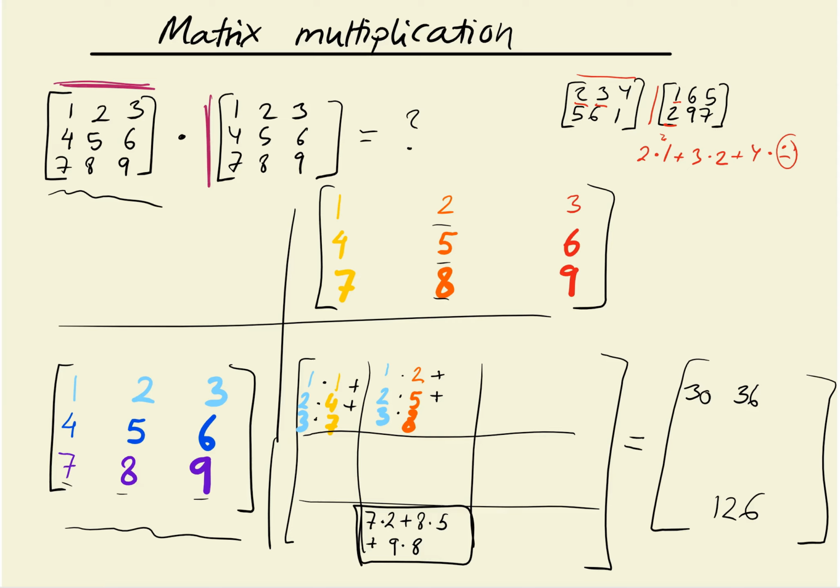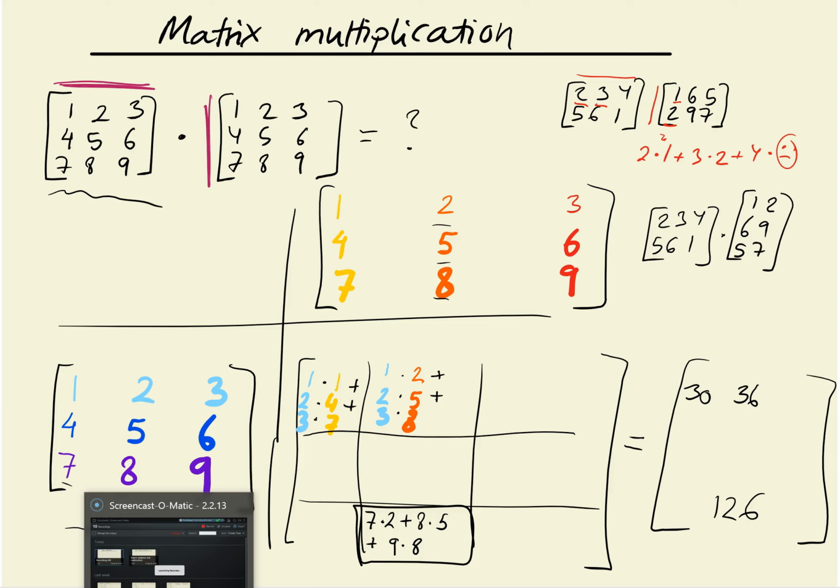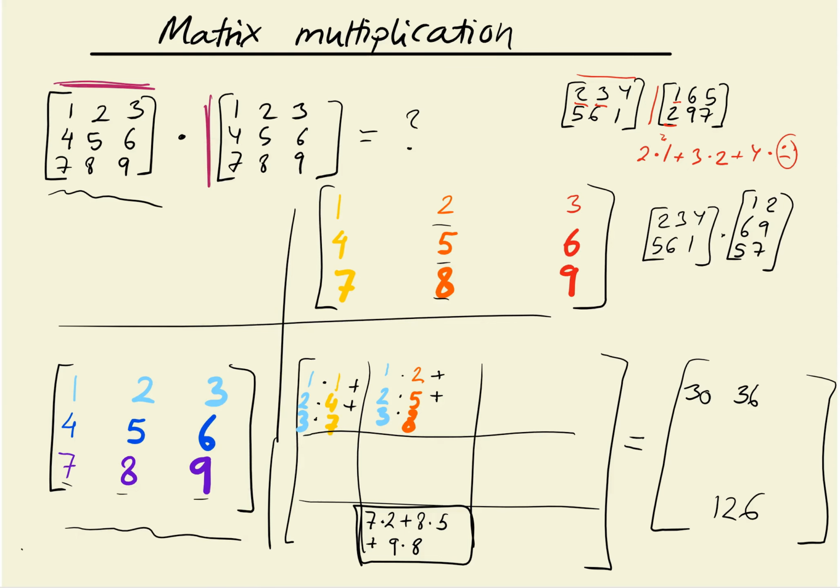On the other hand, what I can do is this matrix multiplication, because in this case, I have 3 columns here and 3 rows. So it doesn't matter that these 2 matrices are not of the same dimension. This is a 2 by 3 matrix. This is a 3 by 2. I'm still able to multiply them.